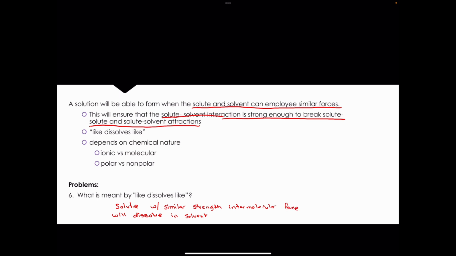Now, when we say polar dissolves polar or nonpolar dissolves nonpolar, that is because of those similar strength intermolecular forces.